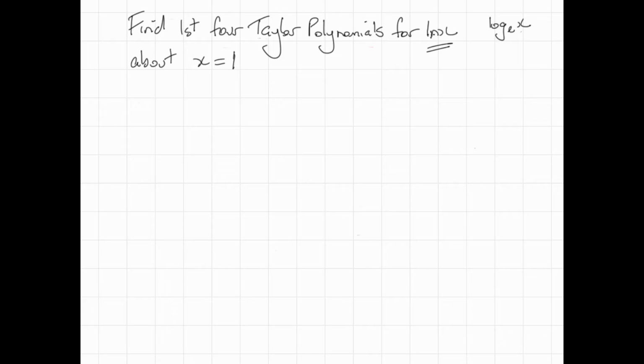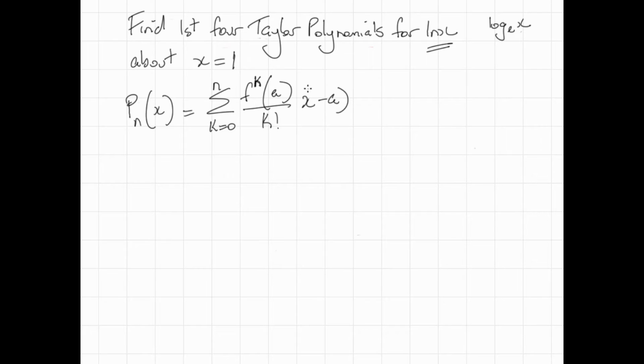I think the first thing is to write down the rule for the nth polynomial in x. So we're writing the general rule down: the sum from k equals 0 to n of the kth derivative of f at a, all over k factorial, times (x minus a) to the power of k.